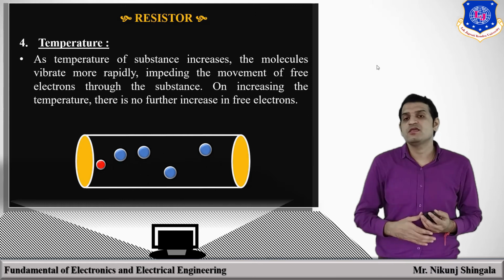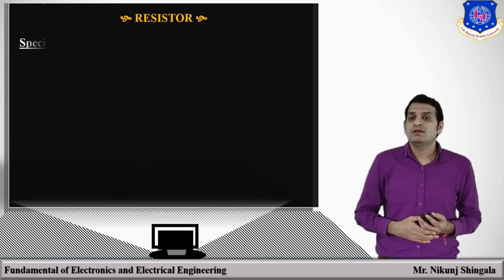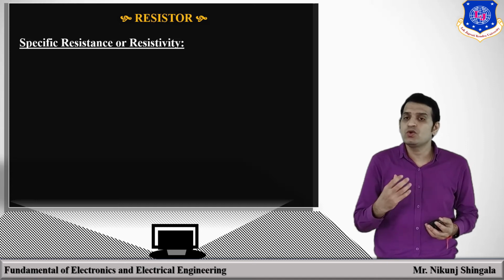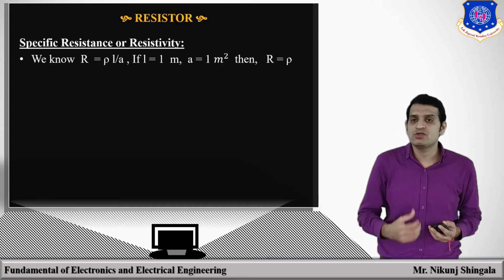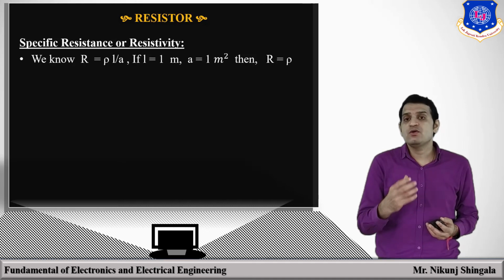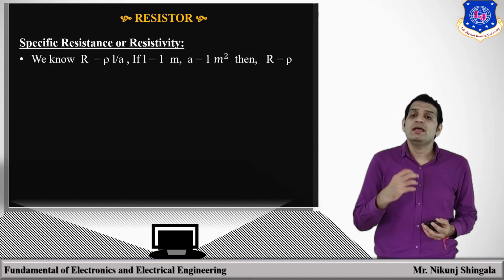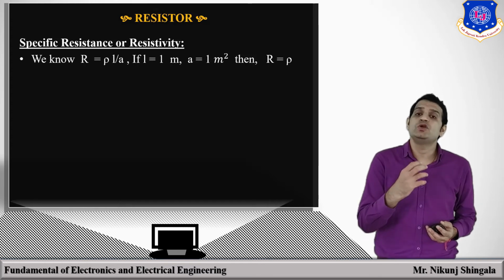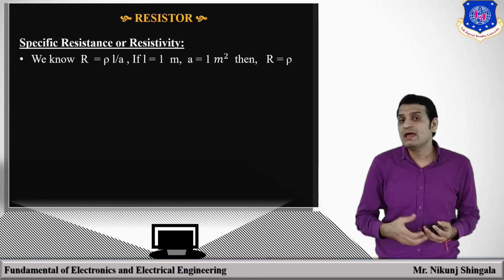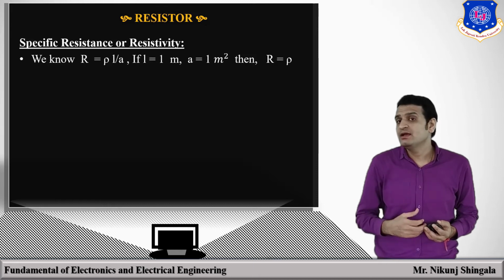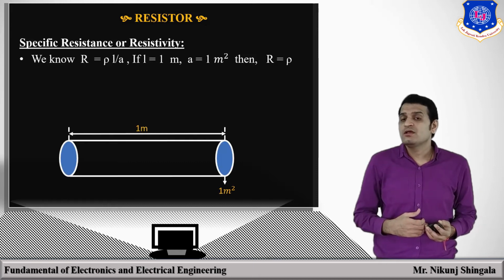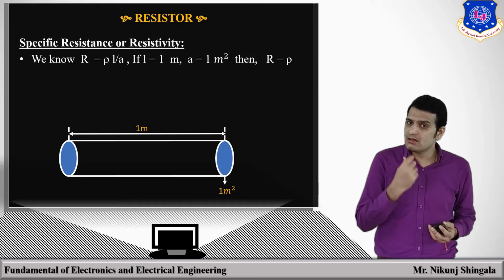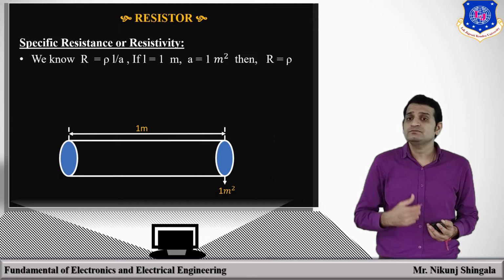Next one is the specific resistance or resistivity. We have already proved that R is equal to rho L divided by A, where rho is the resistivity. Now in this equation, if we take L equal to 1 meter and cross-sectional area equal to 1 meter square, then R is equal to rho. So how can we define specific resistance? Here you can see one conductor which has 1 meter length and 1 meter square cross-sectional area.